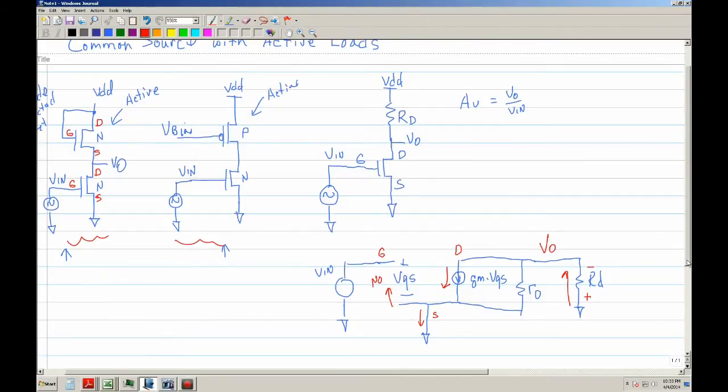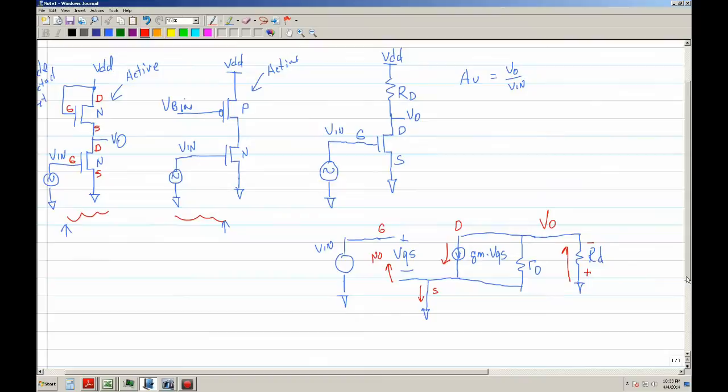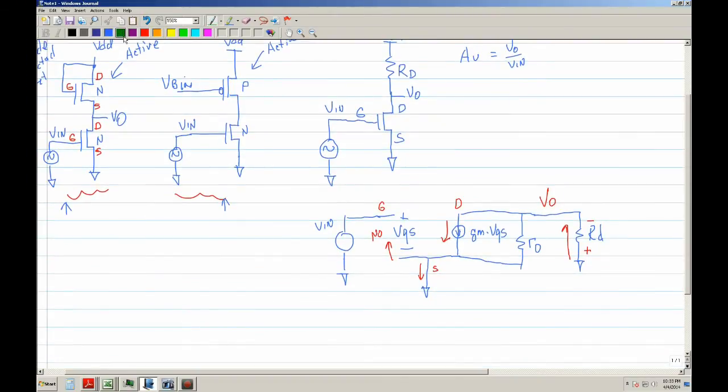Now you're ready to do your gain analysis. First define your VGS. If you notice, the gate G is connected to VN, and the ground is connected to the source, so VGS is really VN. Now you can write an expression for Vout.